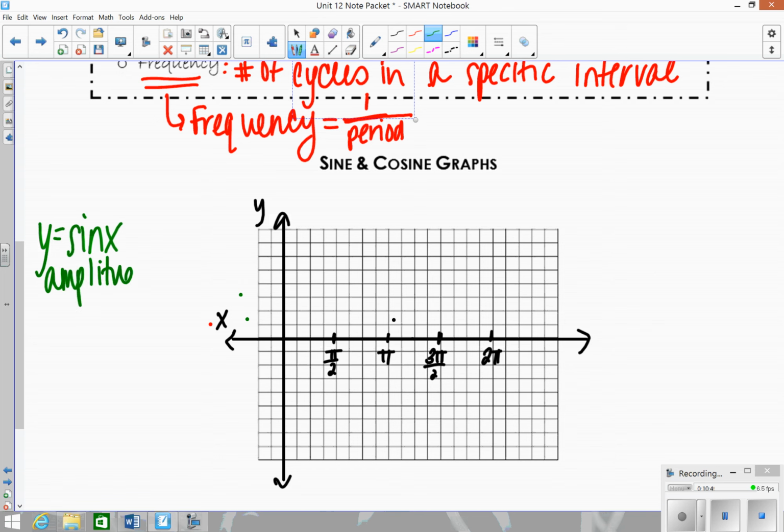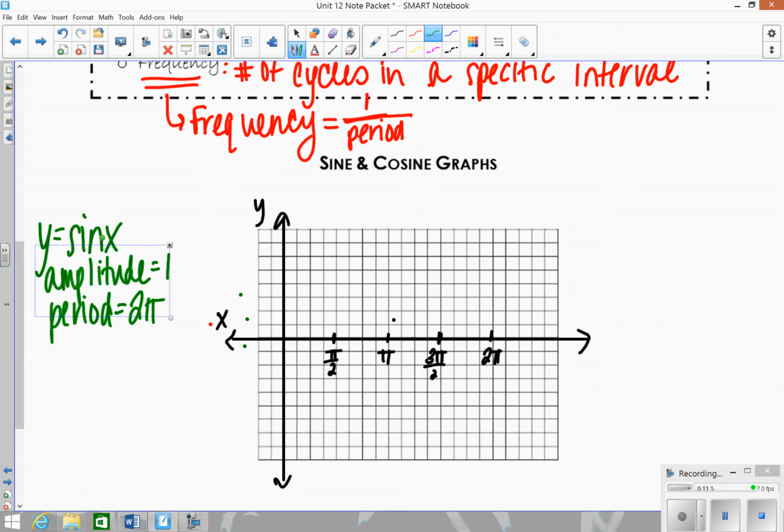So the amplitude is 1. That's always the number in front of sine. The period for sine and cosine curves is always going to be 2 pi unless there's some kind of number in front, and we'll talk about that in a little bit. So the period is 2 pi, meaning it takes 2 pi for one complete cycle to occur, or that's the length of one complete cycle.